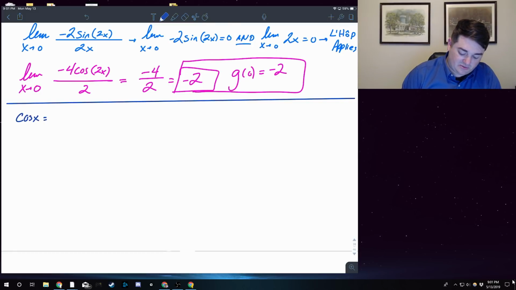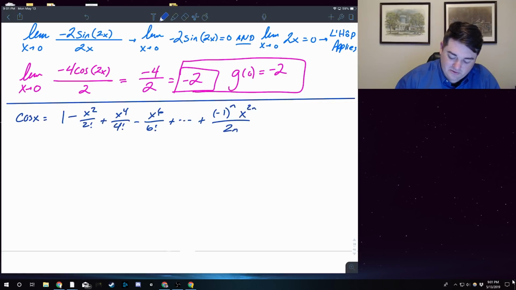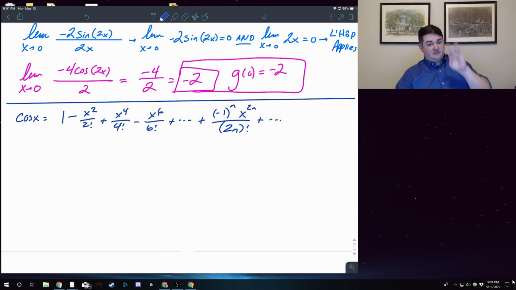Cosine x equals x to the 0, so 1, minus x squared over 2 factorial plus x to the 4th over 4 factorial minus x to the 6th over 6 factorial plus dot dot dot plus negative 1 to the n x to the 2n over 2n factorial. That is 4 terms and a general term right there.